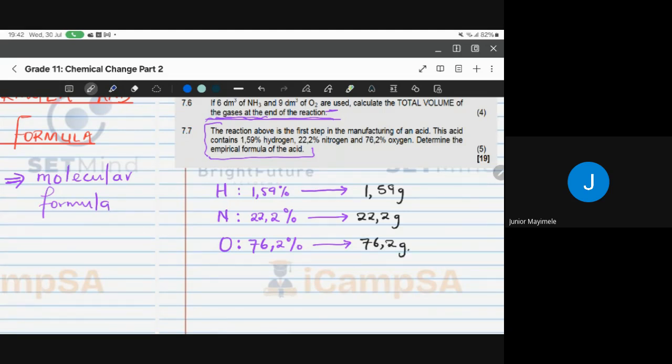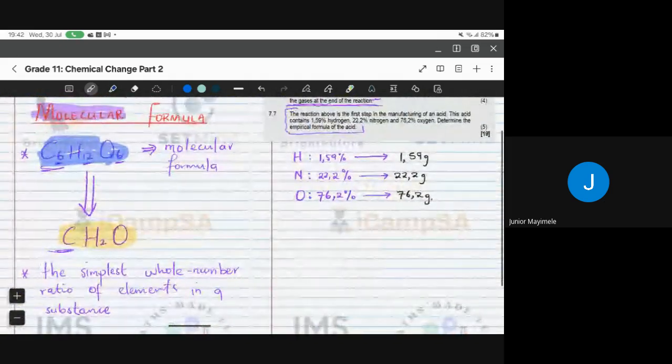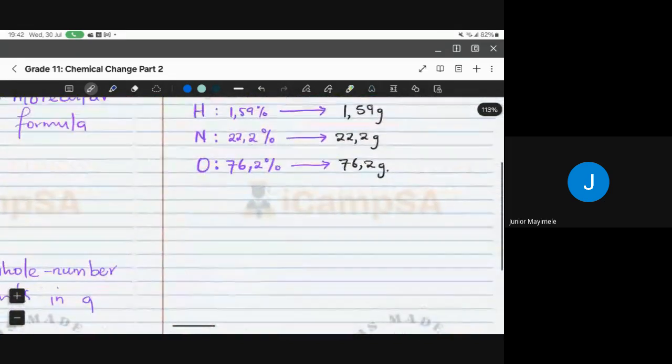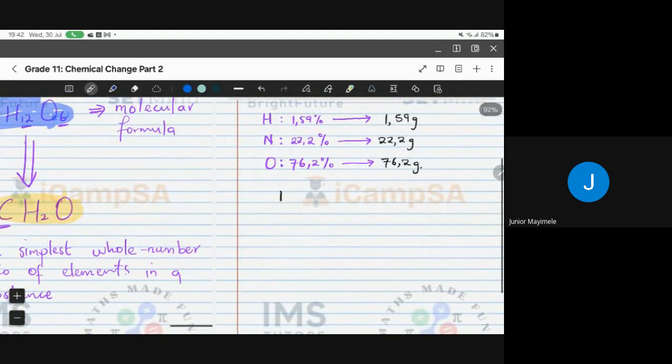Now, there's a table that you can make to make your life simple. There's this table that I like doing. It makes life very simple. So now that you have these masses, let's make our table. Once you are used to practicing, you won't even have to list them here. You'll just use the table and list them there.